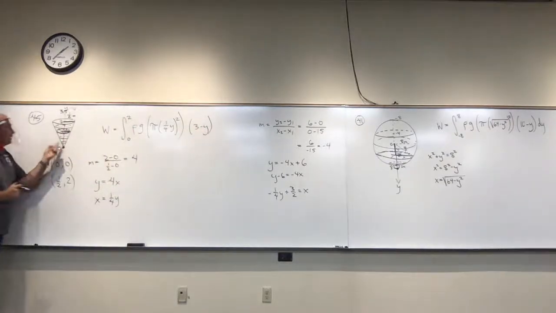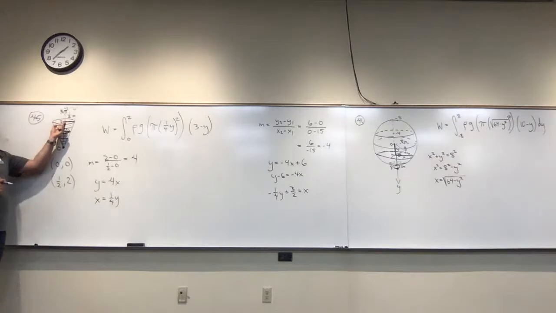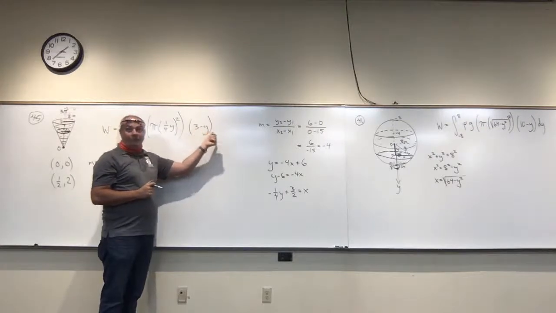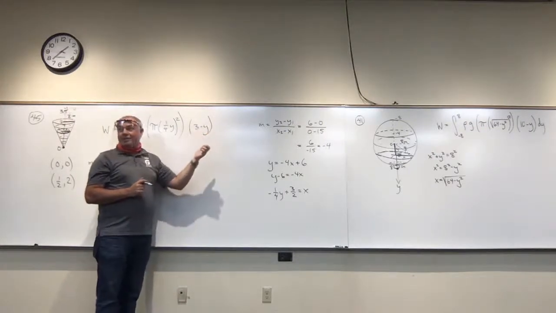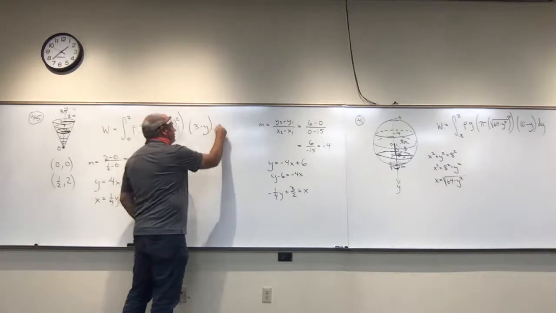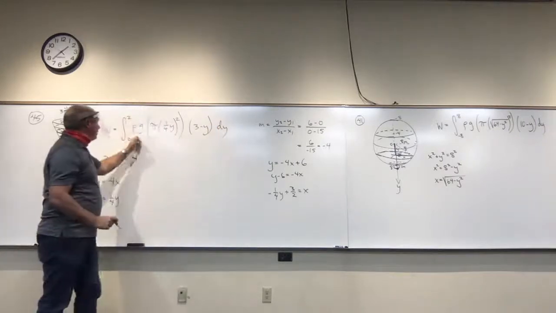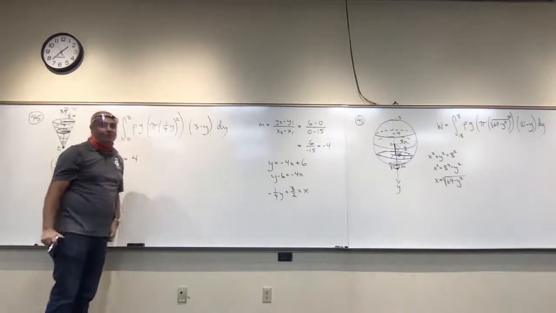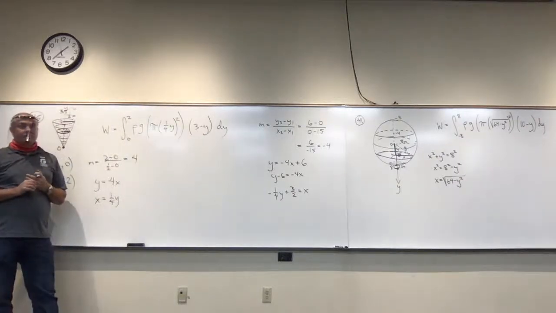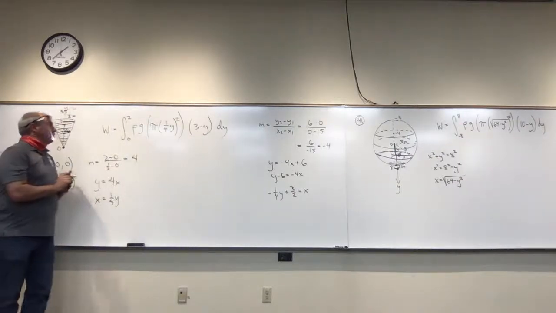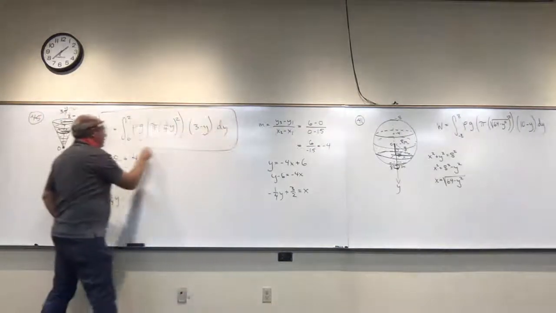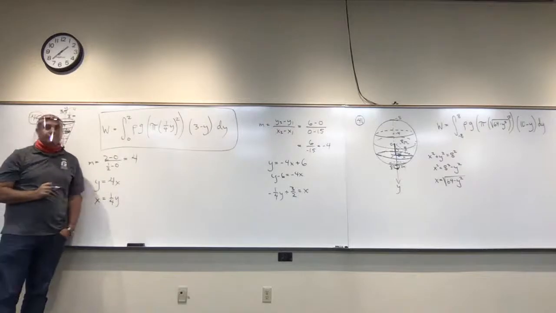If I'm sitting at 2, I need to pump it 1, and if I plug in a 2, I get 1. This seems good, right? So that's it. I have my rho, gravity, area, and the depth that I need to pump it. Again, I'll leave it to you to actually do the integration.